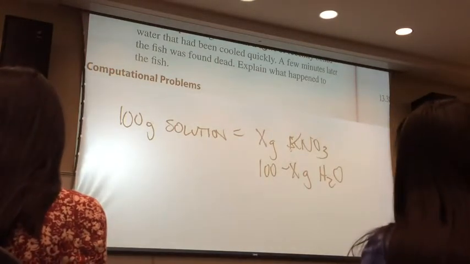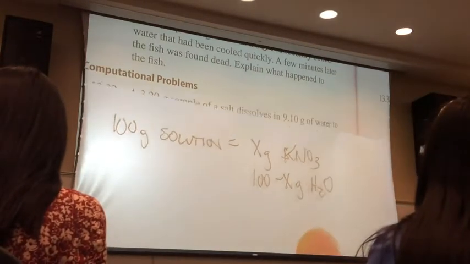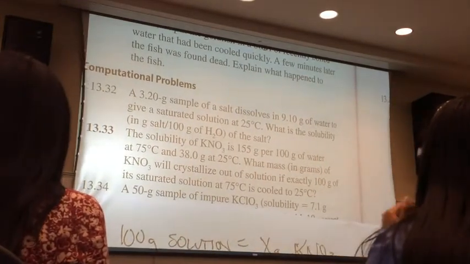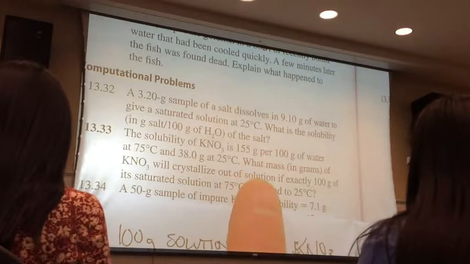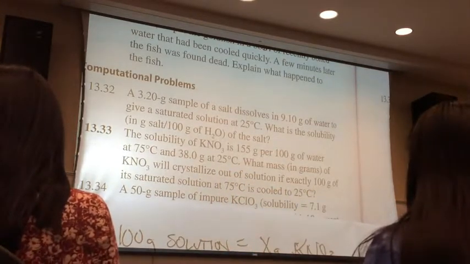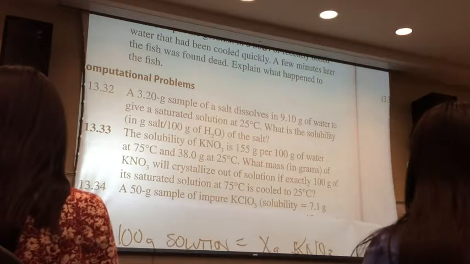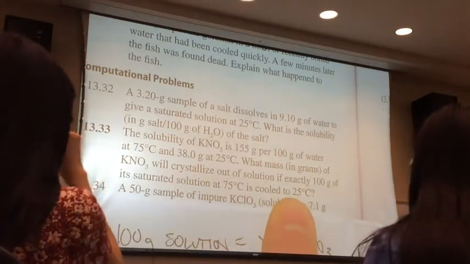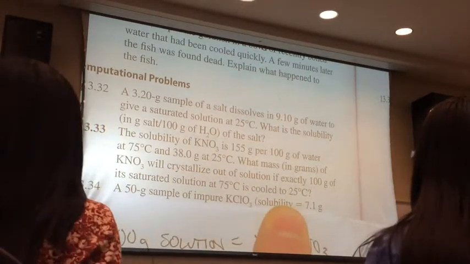All right? And what we do then, thinking this through, we have 100 grams of the solution, so we start out with this, and that's at the 75 degrees, and it's cooled down to the lower temperature of 25.